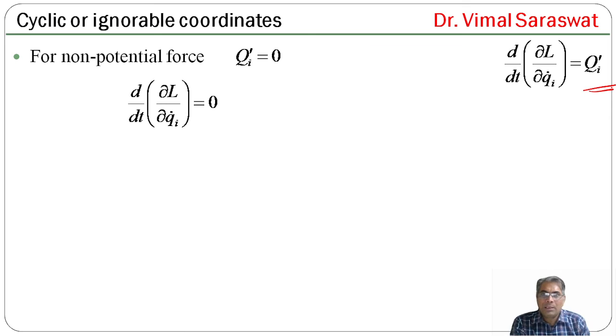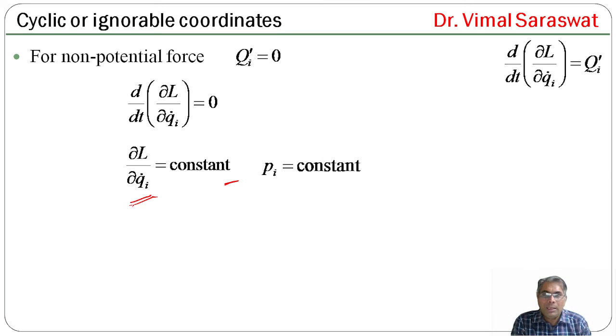It means d by dt of del L upon del Qi dot equals 0. And if the differential of any quantity is 0, that quantity is constant. So del L upon del Qi dot is constant, and del L upon del Qi dot is actually generalized momentum Pi. So Pi is constant.